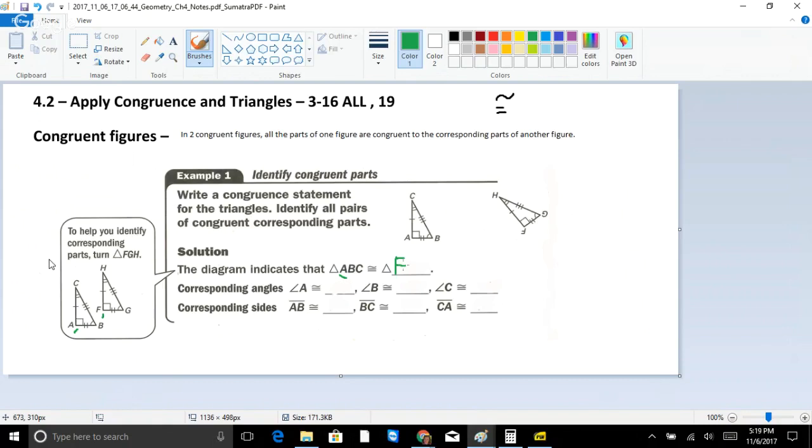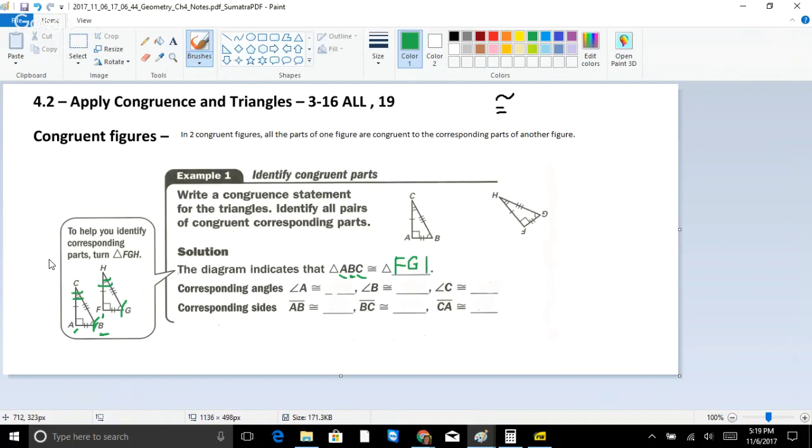So triangle ABC is congruent to triangle F, and then the next letter is B. You can see that B is congruent to G. So it will be F, G, and then our last letter is C. C has two lines up here at the top, and angle H also has two lines.